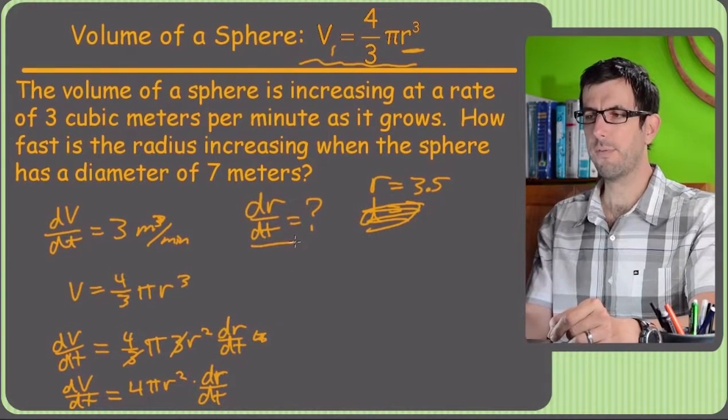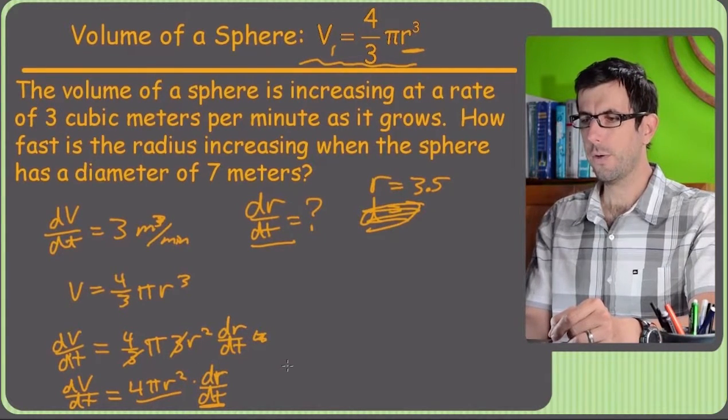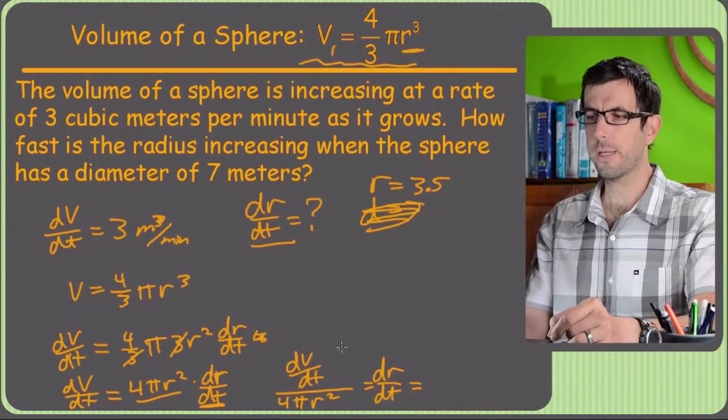All right, so now that we've taken the derivative, let's see what our problem is asking for. Oh, we're asking for the derivative of radius, so dr/dt. That means this thing right here is what I want, and all this other stuff I need to get rid of. So I'm going to divide both sides by 4 pi r squared. So I'll get dV/dt over 4 pi r squared on the left is equal to dr/dt. And at this point, I can just plug in. My dV/dt that was given to me is 3.